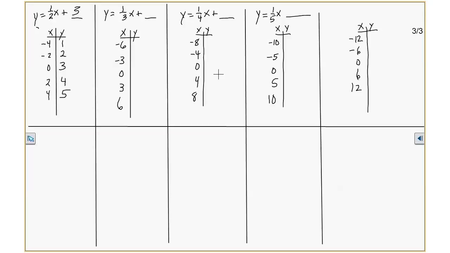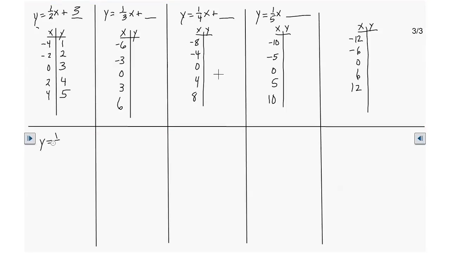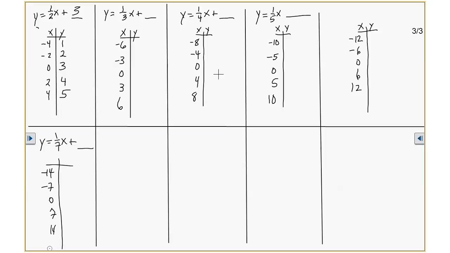But the main thing I wanted you to see is if I did 1/7, y is equal to 1/7 x plus 1, what would my numbers be? -14, -7, 0, 7, and I have a question. How do you figure the numbers in this one?